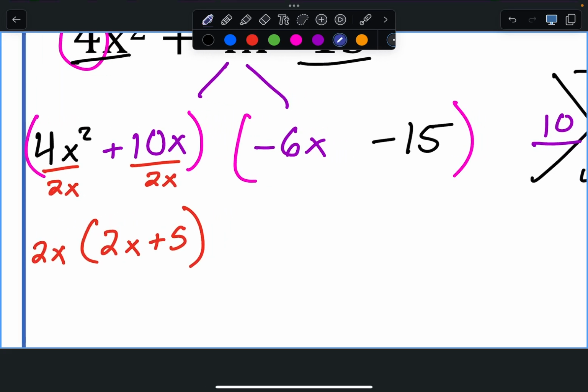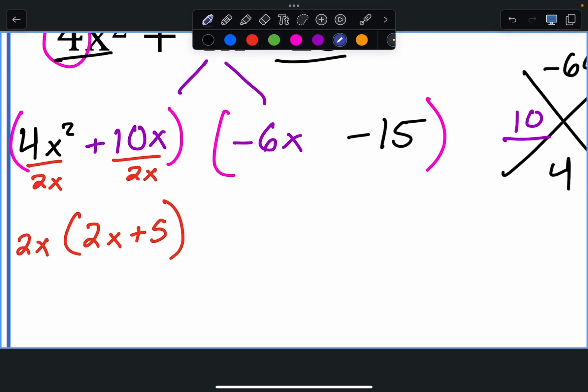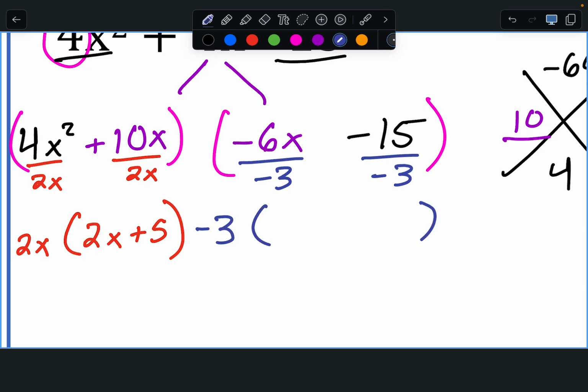So what can I take out of negative 6x and negative 15? Why does it have to be a negative here? Yeah, because that first term is negative, so I'm going to divide by negative 3. So my negative 3 comes out. Negative 6x divided by negative 3 is positive 2x, and negative 15 divided by negative 3 is positive 5.